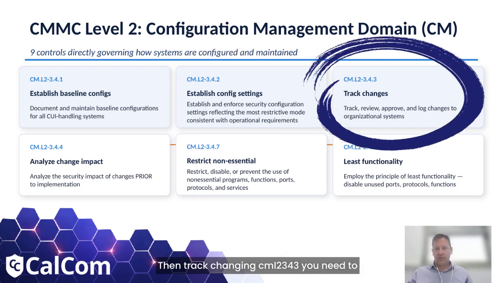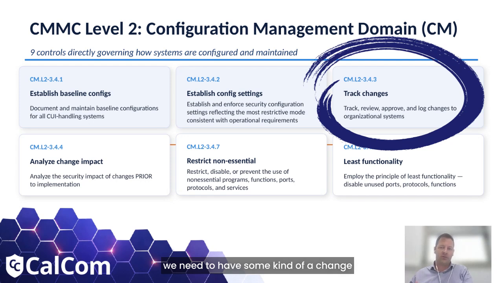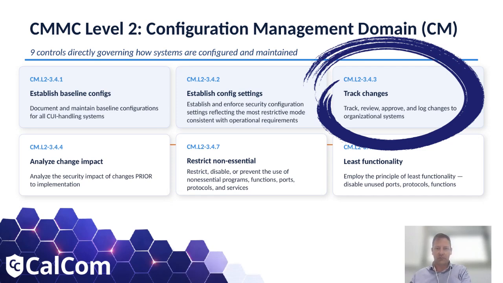Then track changes, CM.L2-3.4.3. You need to track, review, approve, and log changes to organizational systems, which means we need to have some kind of a change control capability in terms of a hardened system that is already compliant. We should have a full log of any unauthorized change to the system.